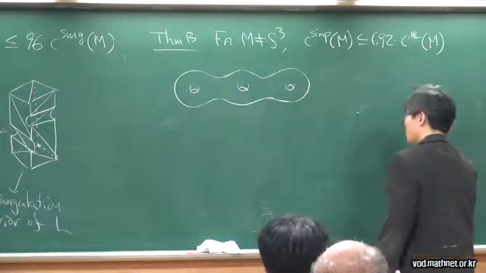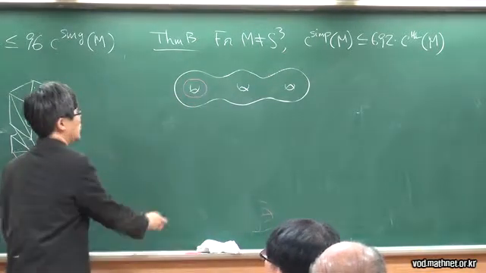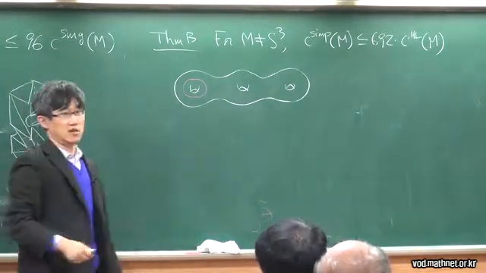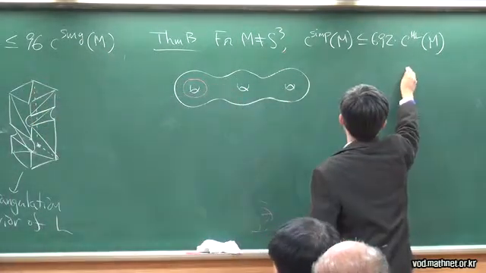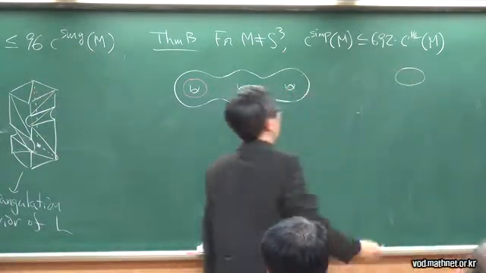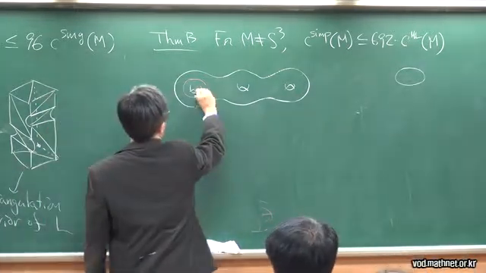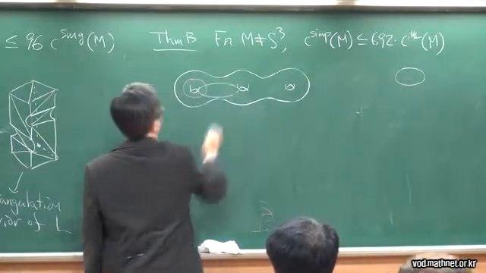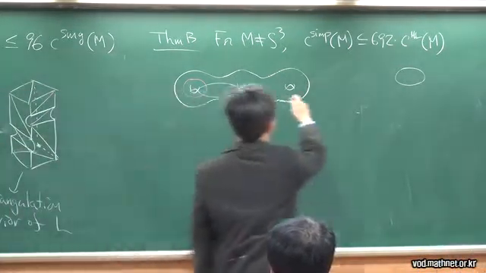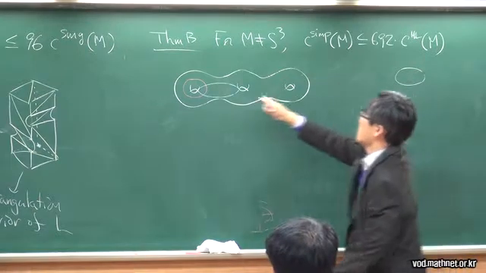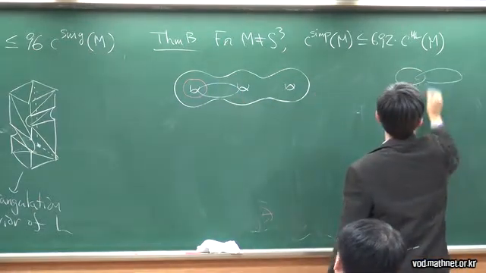Let me remind it quickly. Suppose I do a Dehn twist along this curve. Then the effect is the same as doing surgery on such a curve. And suppose I do another Dehn twist on this one. Then I add exactly the same shape of component, but now I'm going to push it a little bit to get this.